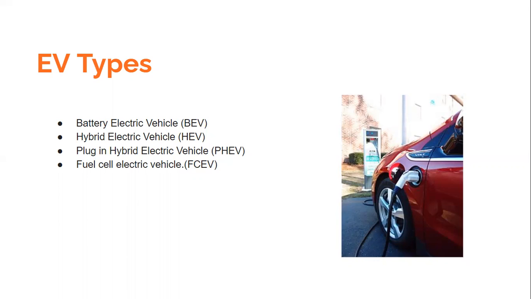One is the battery electric vehicle, BEV. Second is the hybrid electric vehicle, HEV. Third is the plug-in hybrid electric vehicle, PHEV. And fourth is the fuel cell electric vehicle, FEV or FCEV. So these are the broader categories which we will be discussing one by one.